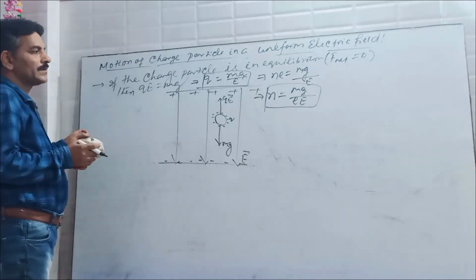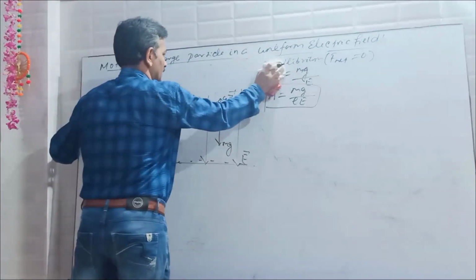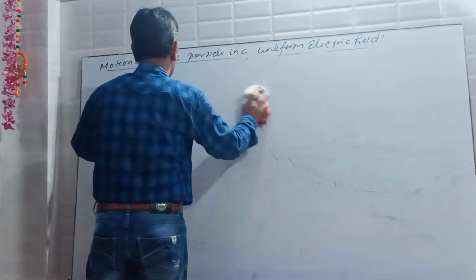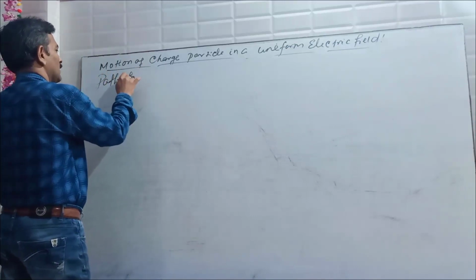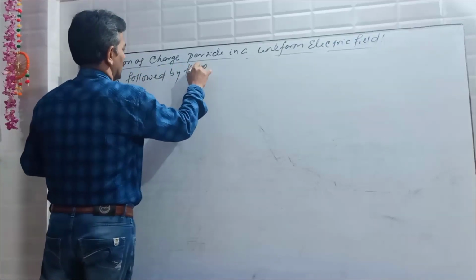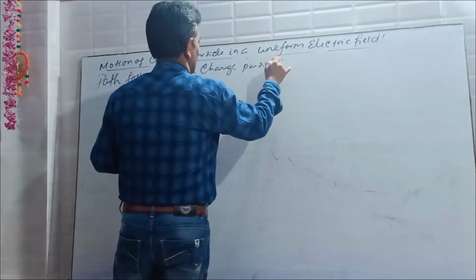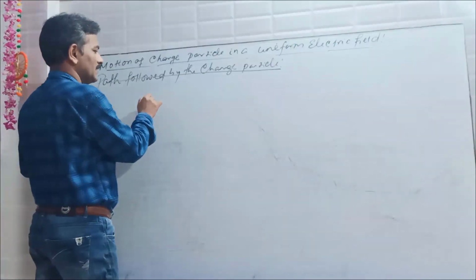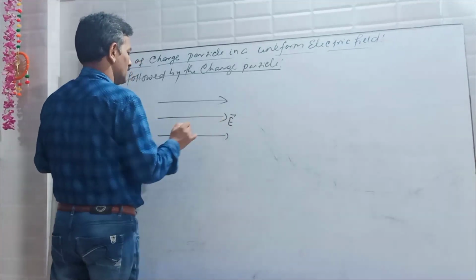Then we will describe the path followed by the charged particle in a uniform electric field. Suppose this is a uniform electric field.